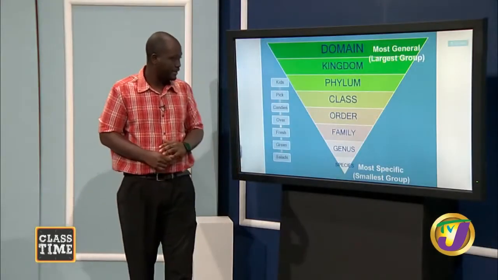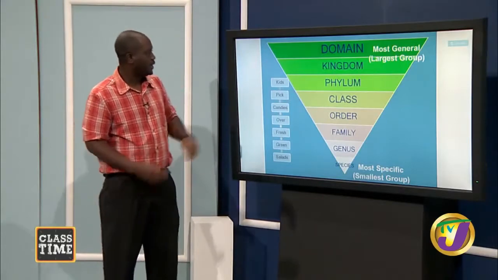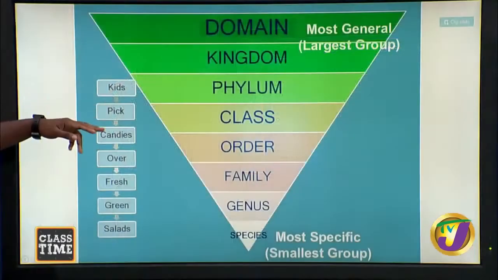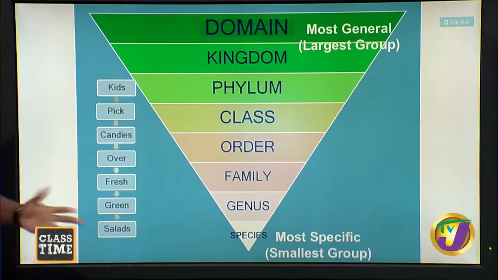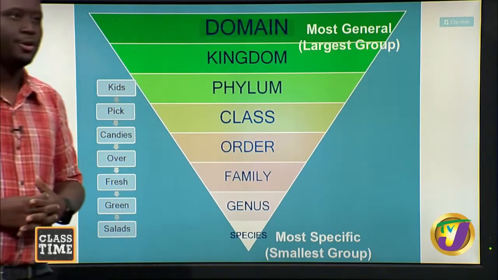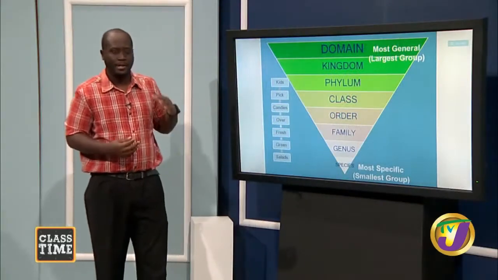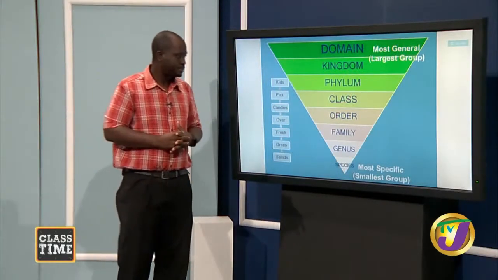All right, kind of getting ahead of myself. This is another mnemonic: Kids pick candies over fresh green salads. As I said, you can even make up your own to help you remember the order in which the hierarchy falls.